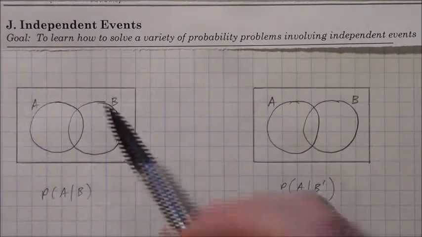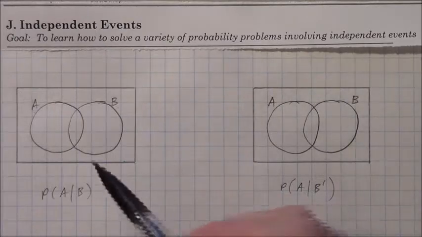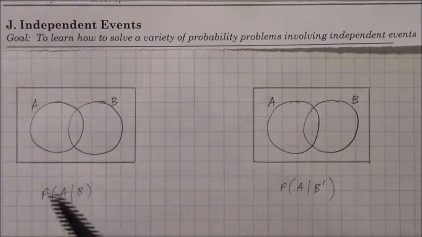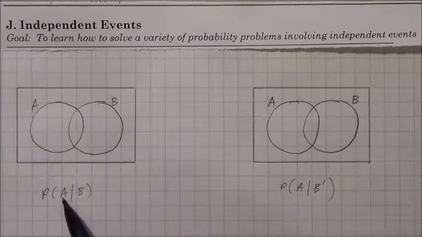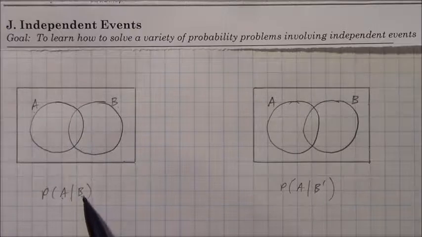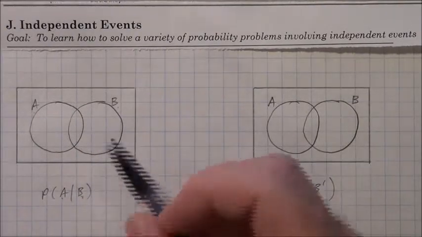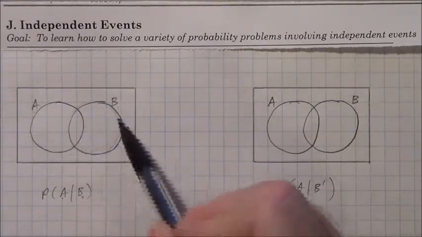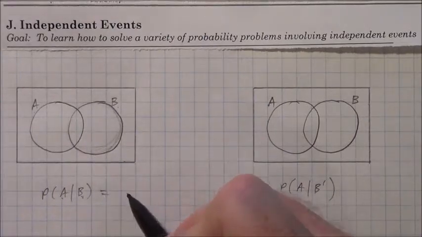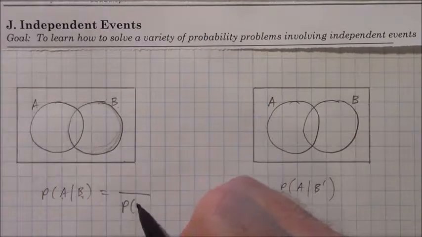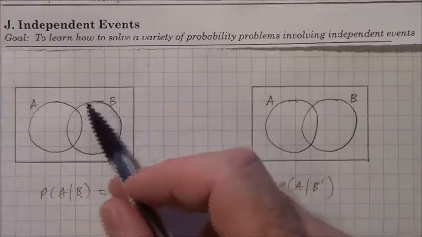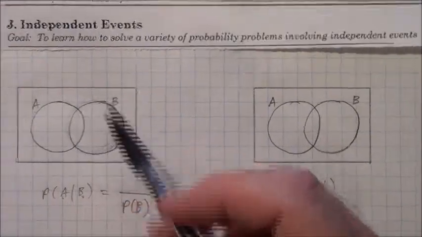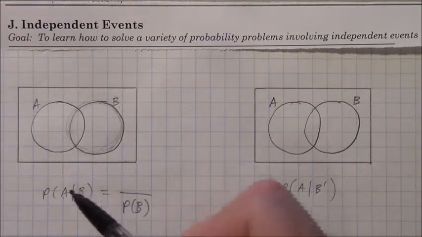Here I've got a Venn diagram with event A and event B. The probability that event A will occur, given that event B has already taken place: we know that event B has already occurred, so out of all of the probability of event B, what's the probability that A occurs?